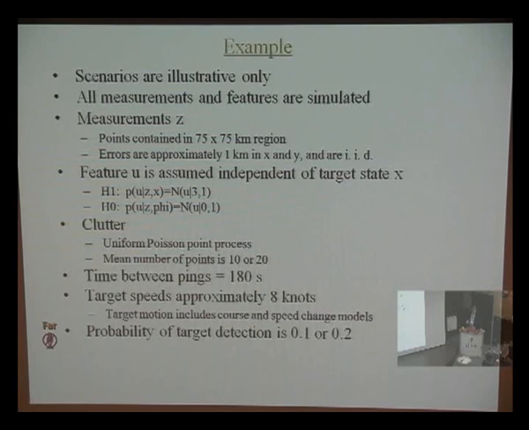The clutter is a Poisson point process with a mean number of either 10 or 20. Our target speeds are 8 knots, typical of the kind of thing that would be used in multistatic sonar. And also not untypical of sonar problems are problems like this. I don't know if they relate to the kinds of problems you wind up with in ionospheric research, but PD of 0.1 or 0.2 is, in radar language, horrible.